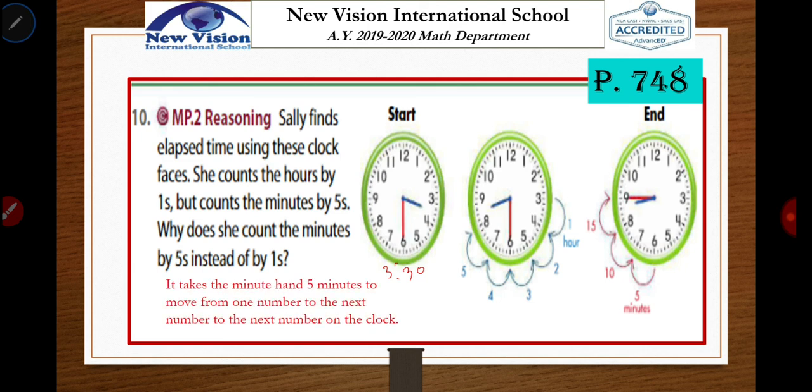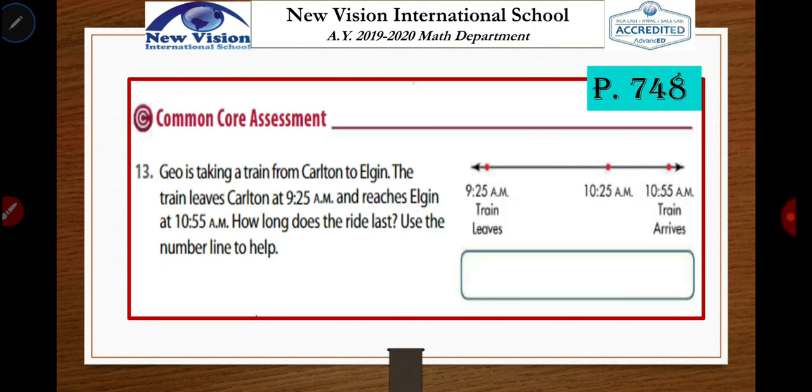Because it takes the minute hand 5 minutes to move from one number to the next number on the clock. Okay, do you have that? Good job.